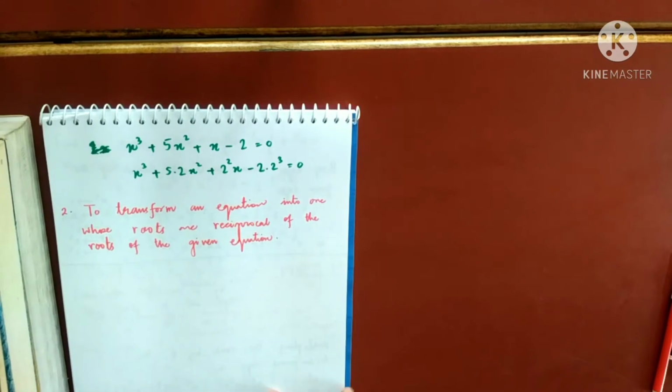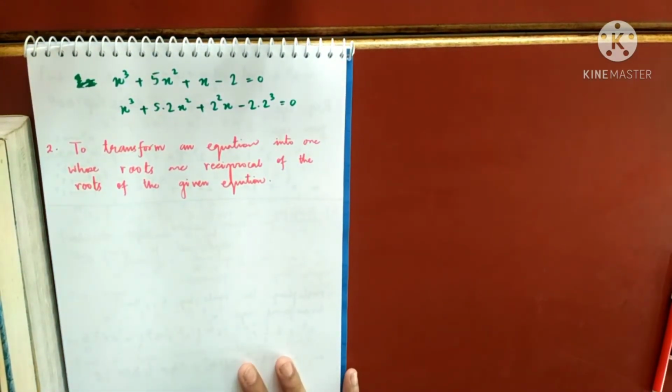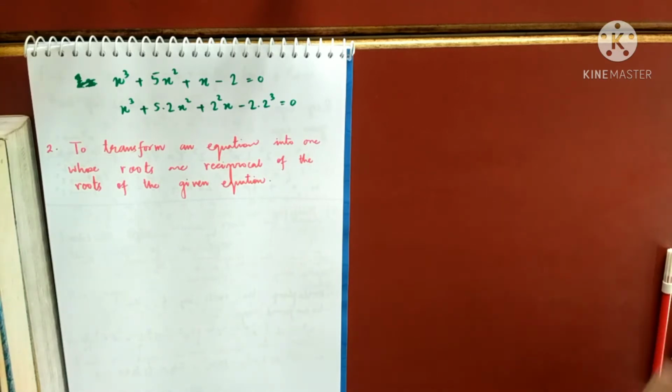So that means we have already learned the transformation for multiplying the roots by some number. Now I want to transform an equation into one whose roots are reciprocal of the roots of the given equation.